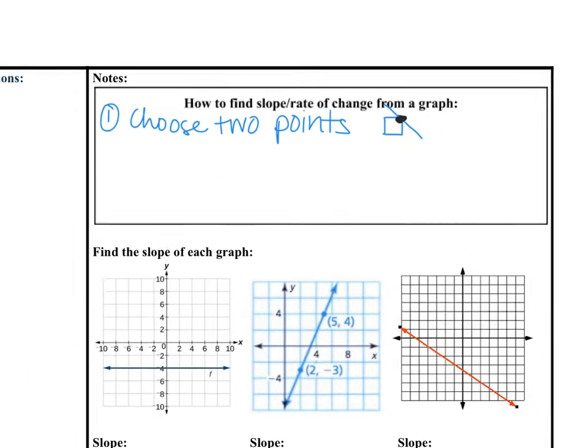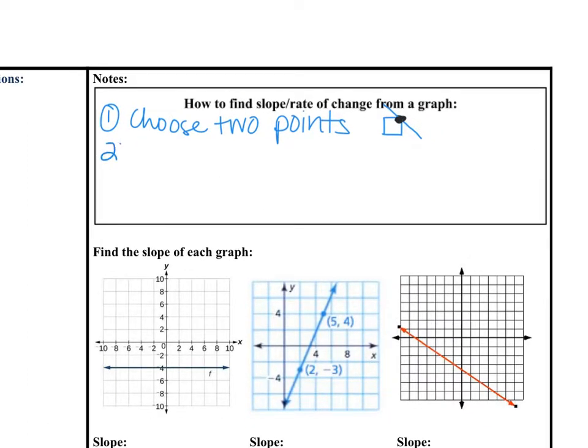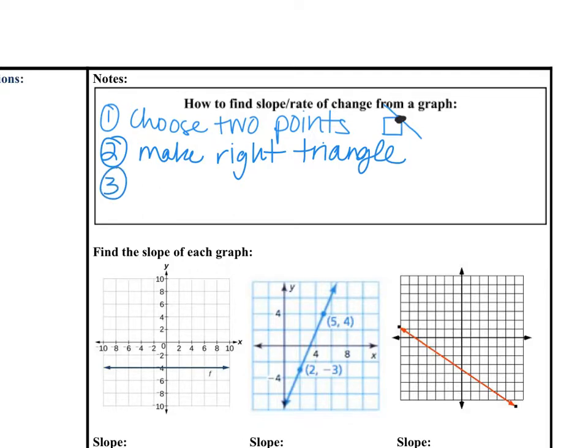When you have your 2 points, you need to make a slope triangle, which usually should be a right triangle. So make a right triangle. You're going to do your vertical change over your horizontal change in a fraction, otherwise known as rise over run.